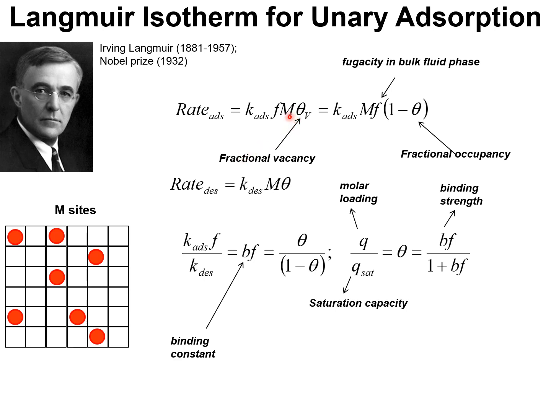Since there are a total number of M sites, the total number of vacant positions that are available for adsorption is equal to M times theta V, where theta V is the fractional vacancy.